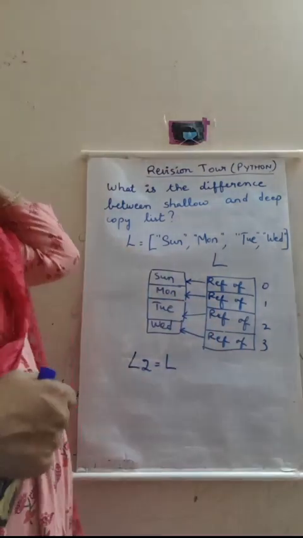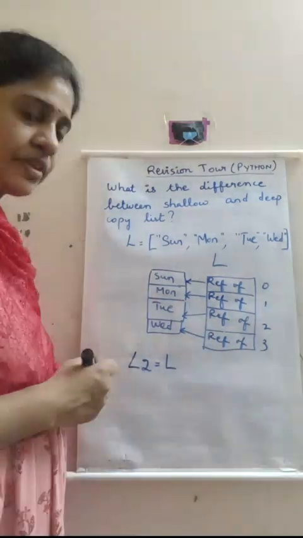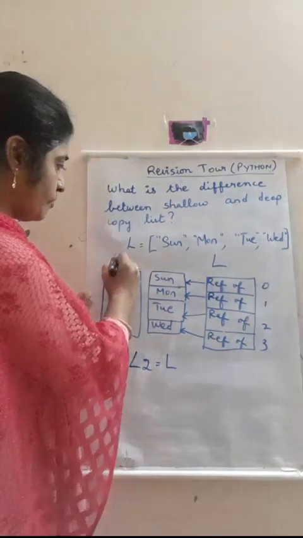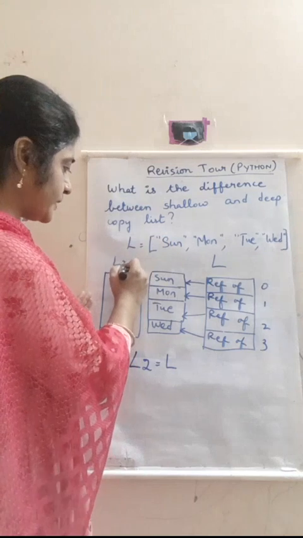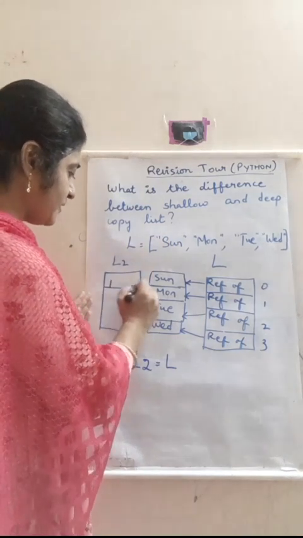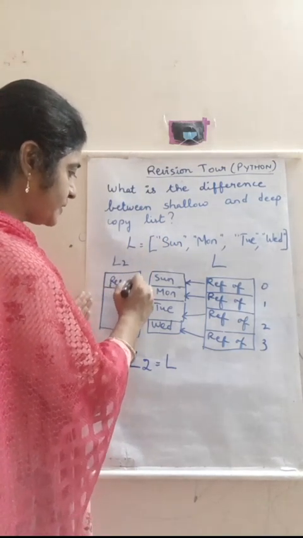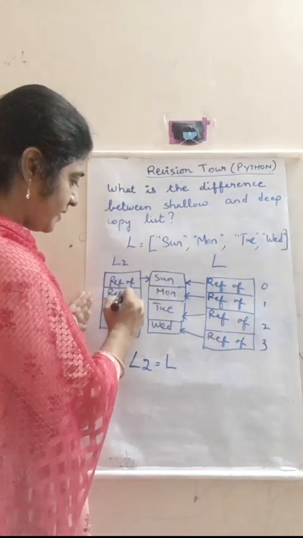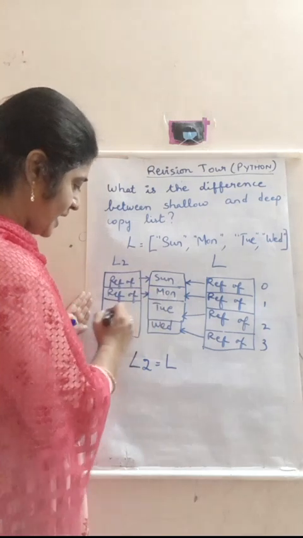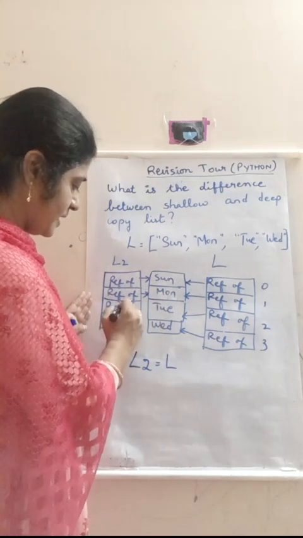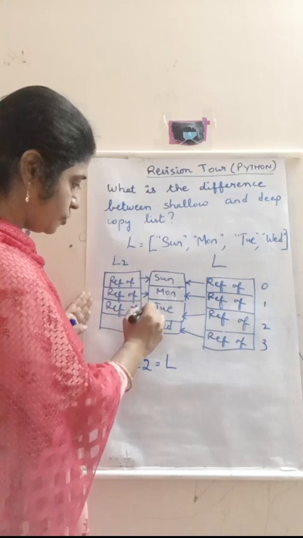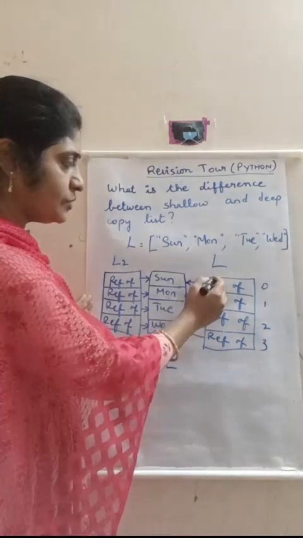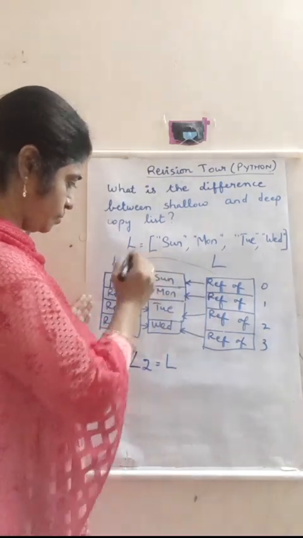Let us see how exactly it happens in the memory. For L2 also, the first one will be the reference of Sunday, the second the reference of Monday, the third the reference of Tuesday, and these reference values will be copied to L2.